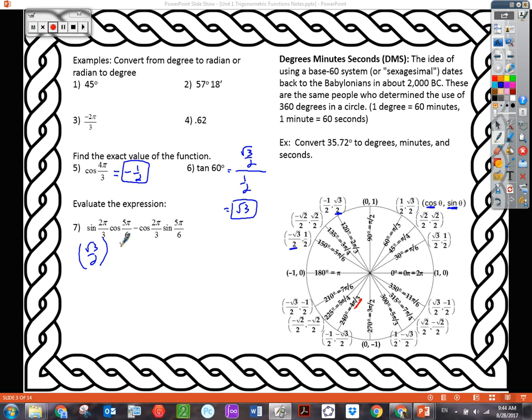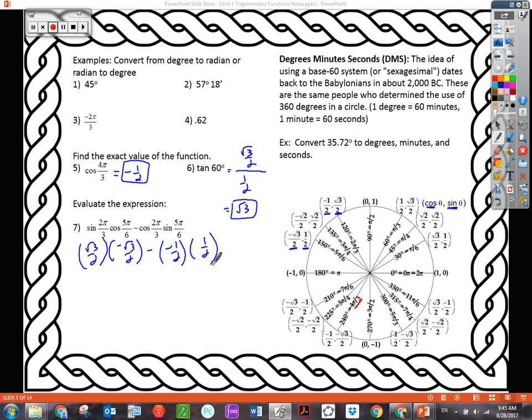So that would be negative root 3 over 2 minus, now we want cosine of 2 pi over 3. So we find 2 pi over 3. Cosine is the x coordinate, so that's negative 1/2. And finally, sine of 5 pi over 6. So here's our 5 pi over 6. Sine is the y coordinate, so that's 1/2.